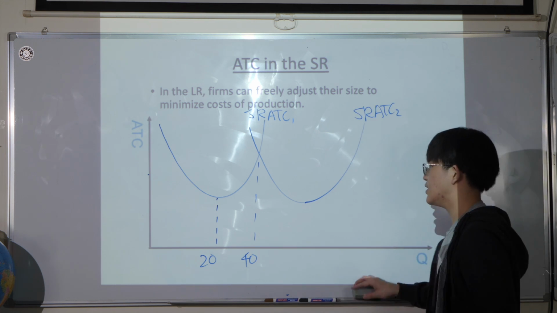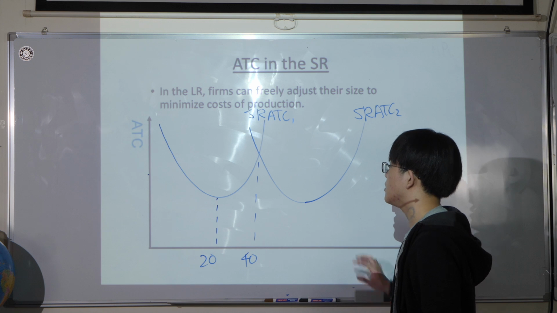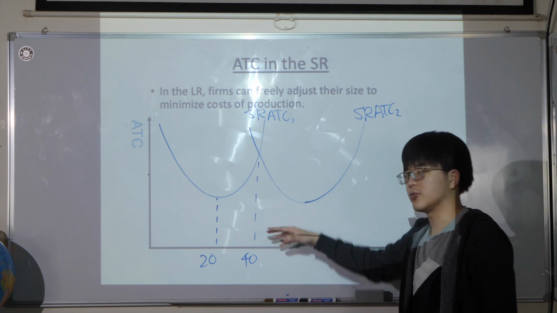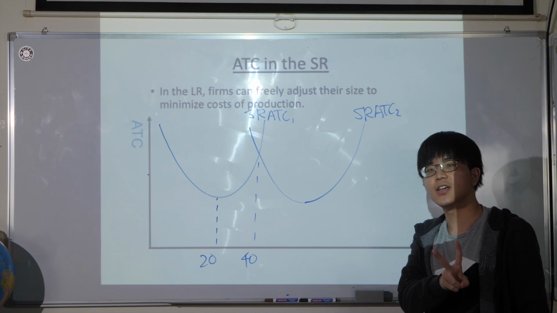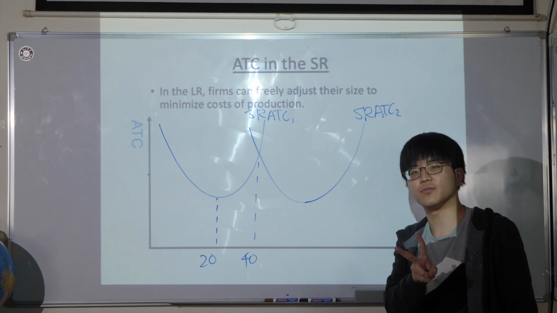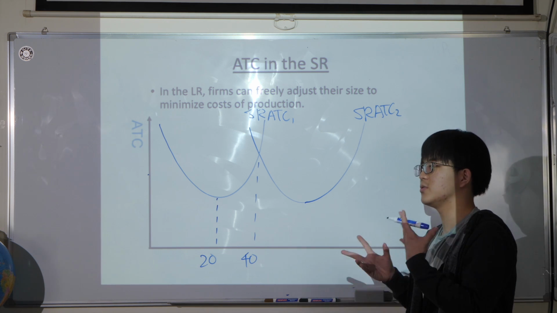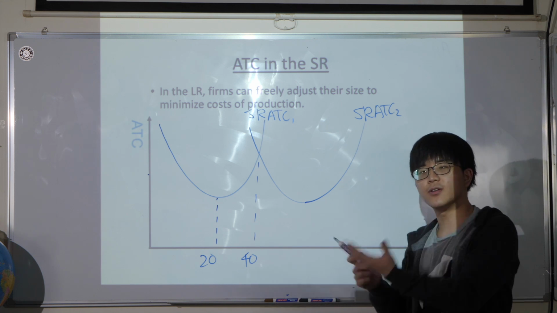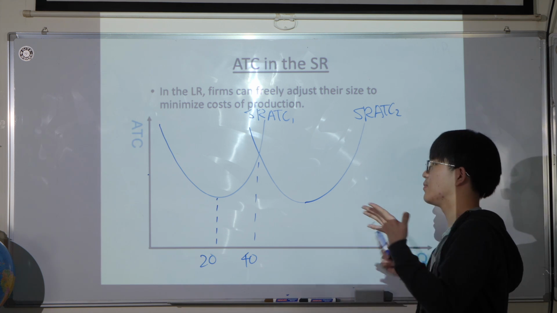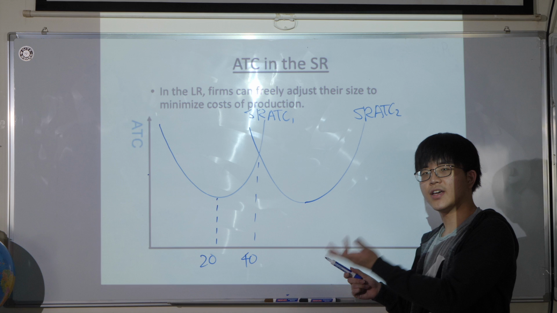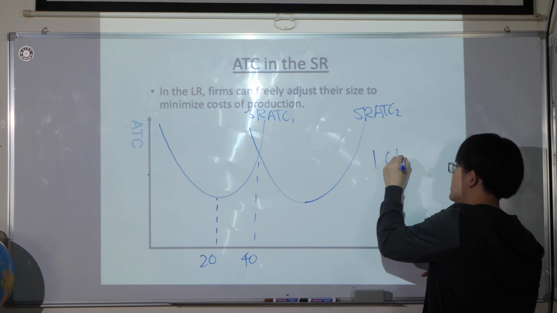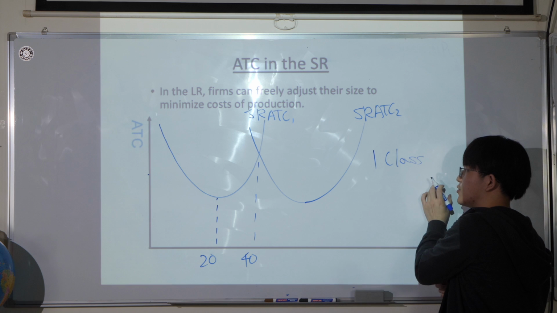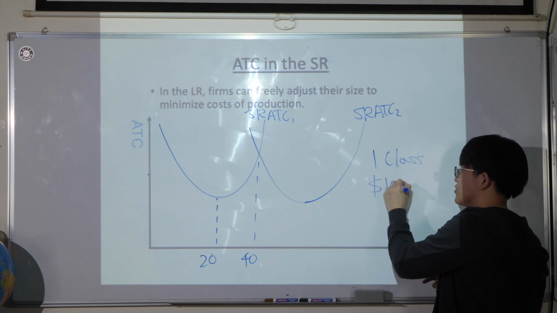In that case, long run ATC will shift downward and rightward, and the reason is we now have 2 classrooms, right? If you have 2 classrooms, then it is possible to make a deal with the landowner. If you want to rent only one classroom, perhaps you need to pay $1,000.